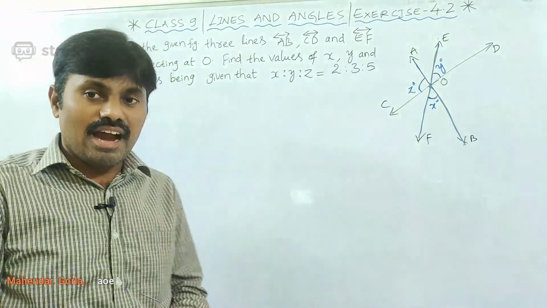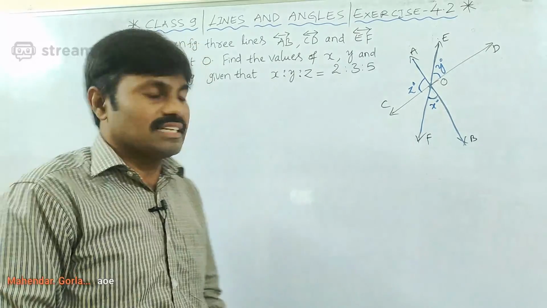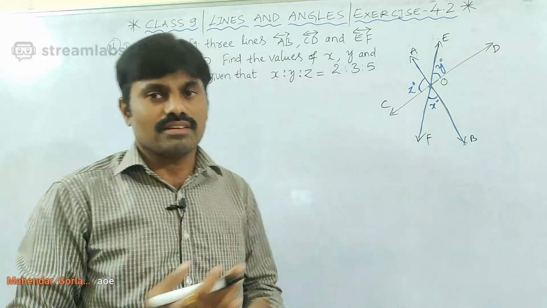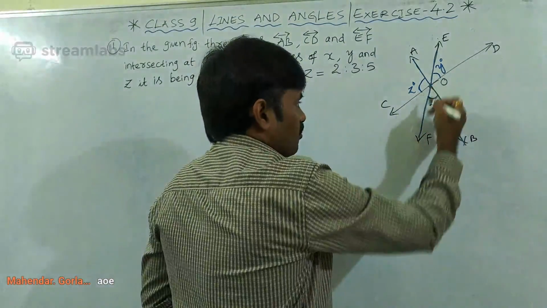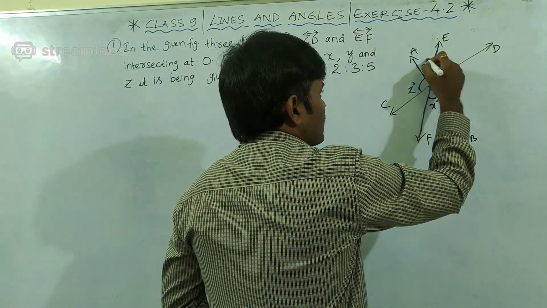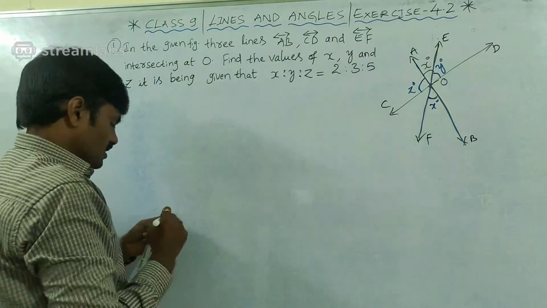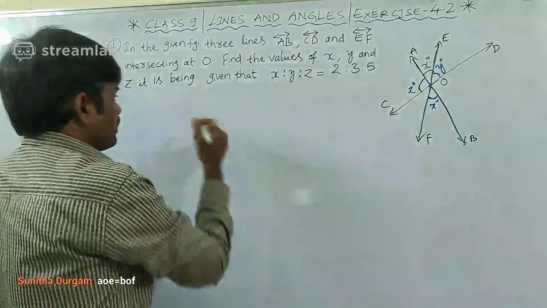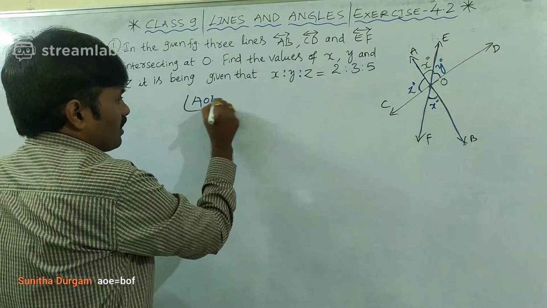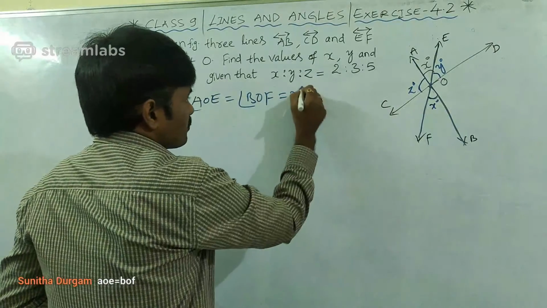These are vertically opposite angles. We are very familiar with the point that vertically opposite angles are equal. So angle BOF is equal to angle AOE, so this angle also becomes x degrees.